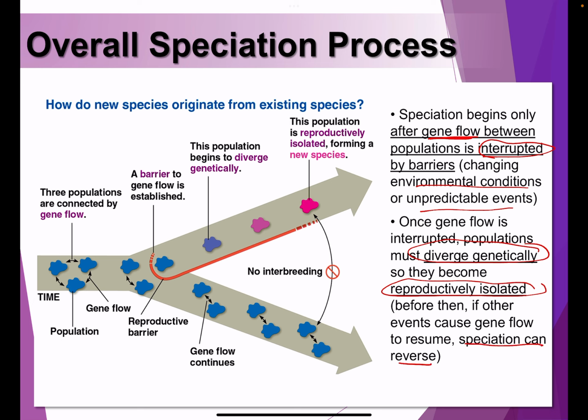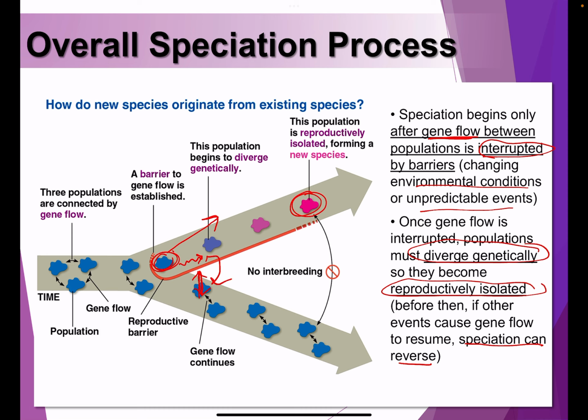So we talk about how this particular one here has diverged and formed a whole new species. But let's say in some process, as it's starting to change, gene flow was allowed to happen between these two species again. Then this whole thing can actually stop and they can revert back to the original species.